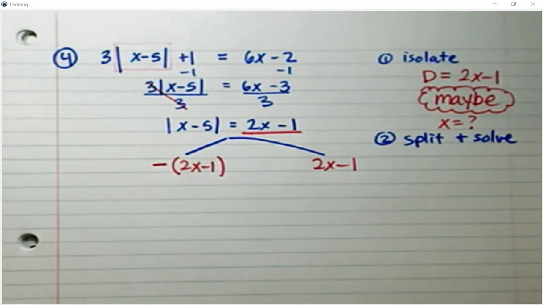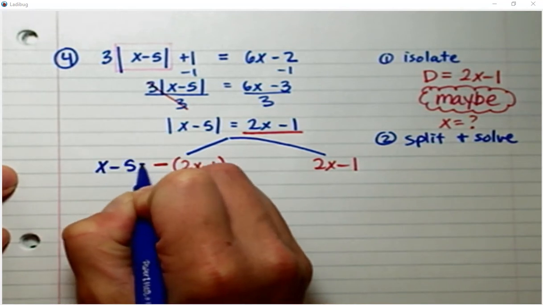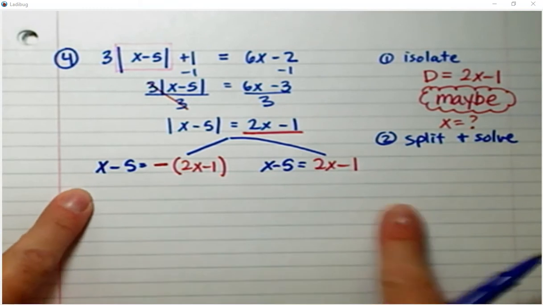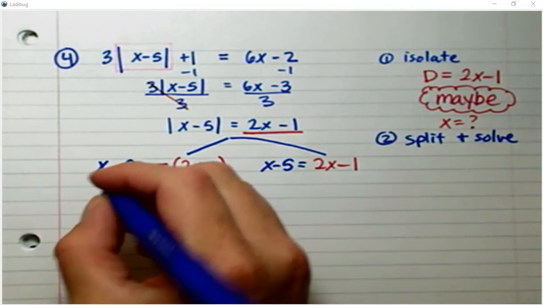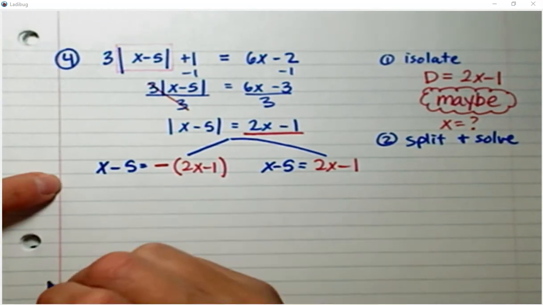Notice how the negative is distributed to everything. Also notice that when I split it, the absolute value goes away because you've split it apart. All right, split and solve. Do your PEMDAS, combine your terms, see what happens.